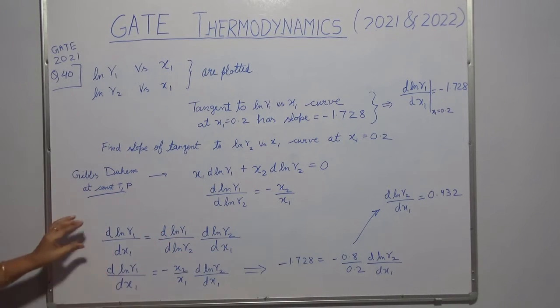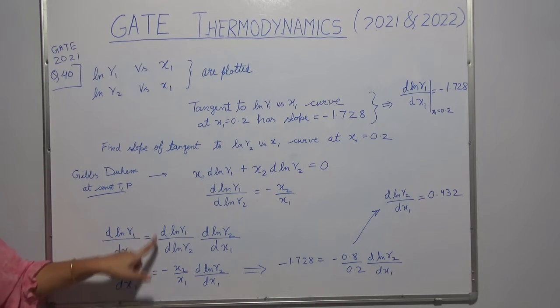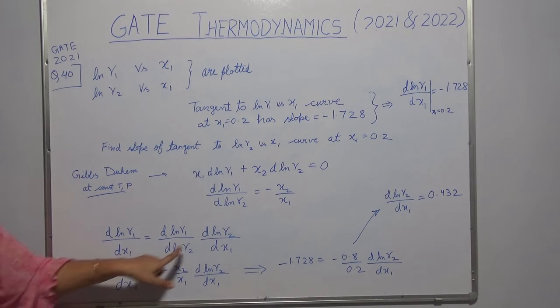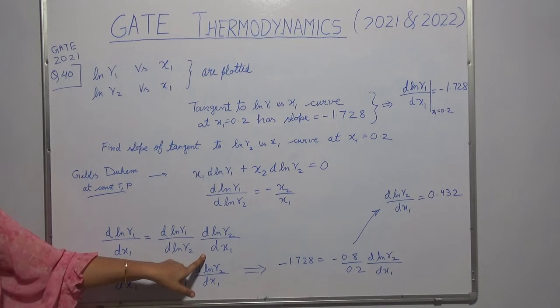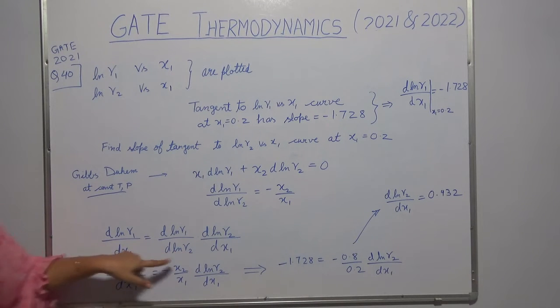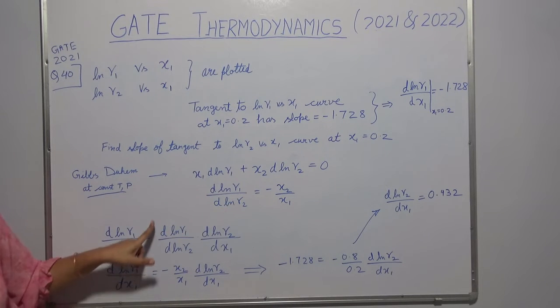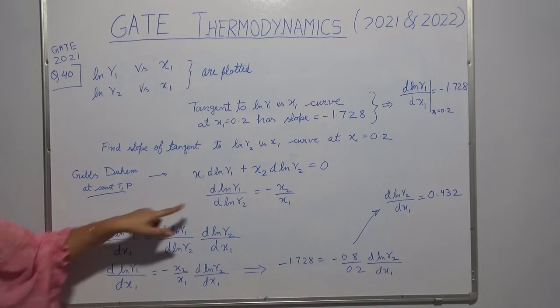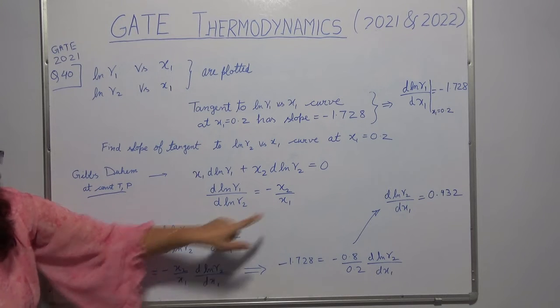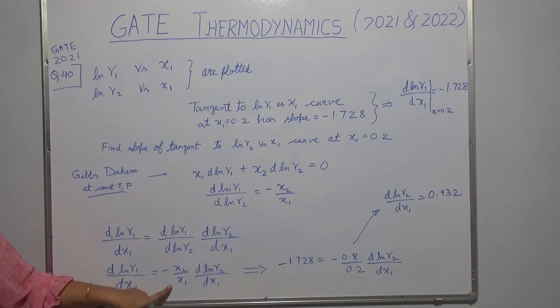Now I am writing d ln gamma 1 by dx1, because I know its value, using the chain rule: d ln gamma 1 by d ln gamma 2 into d ln gamma 2 by dx1. Now I am substituting this value from here. So d ln gamma 1 upon d ln gamma 2 from your Gibbs-Duhem equation comes out to be minus x2 by x1. That's what I am putting over here.